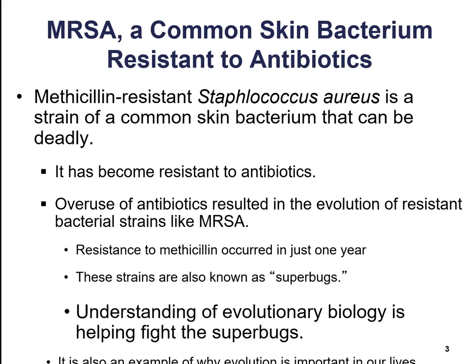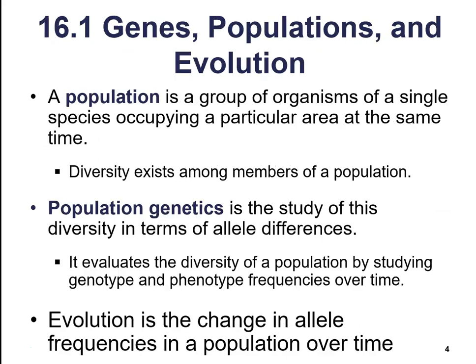It says understanding evolutionary biology is helping fight the superbug. So again, understand the relationship between something very relatable to the medical field, like antibiotic resistance, and how that relates to evolution. It's evolution on a smaller scale, but it really is evolution. It really is natural selection.